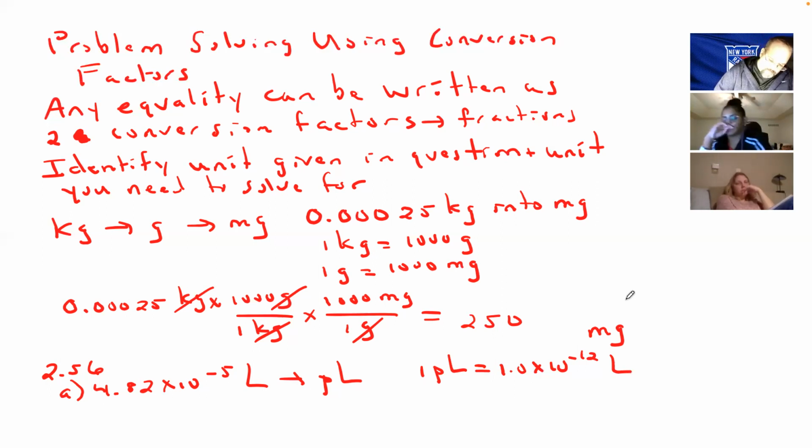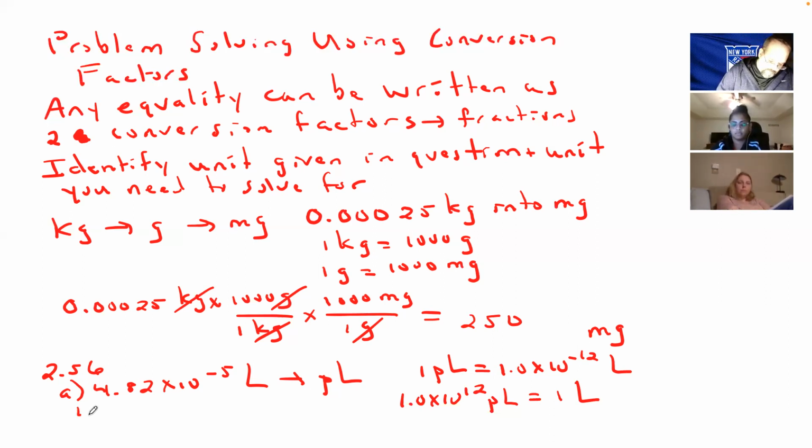And what I should come up with is 1.0 times 10 to the 12th picoliters is equal to 1 liter. Okay. So 1.0 times 10 to the 12th picoliters is equal to 1 liter. All right. But either equality would be perfectly fine. You should come up with the right answer.